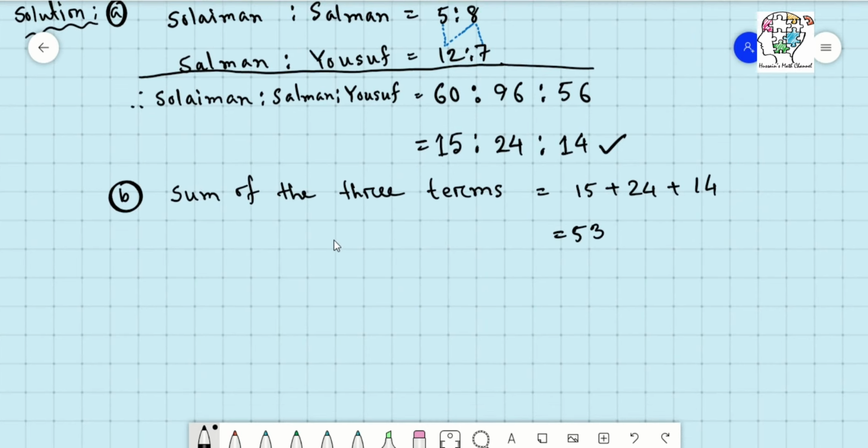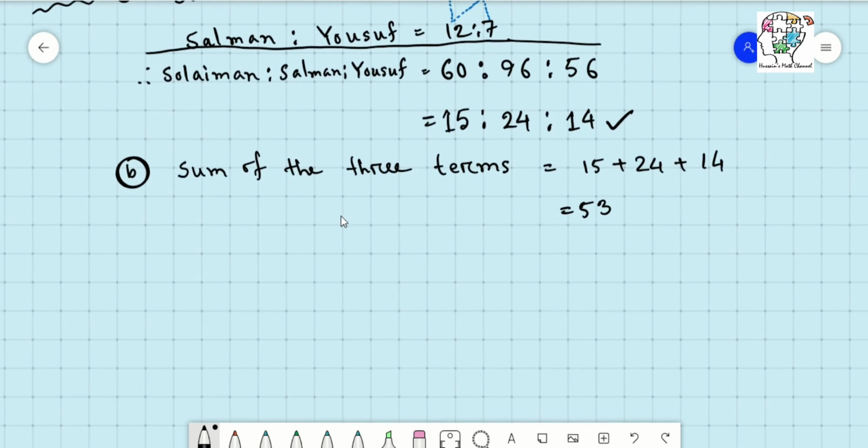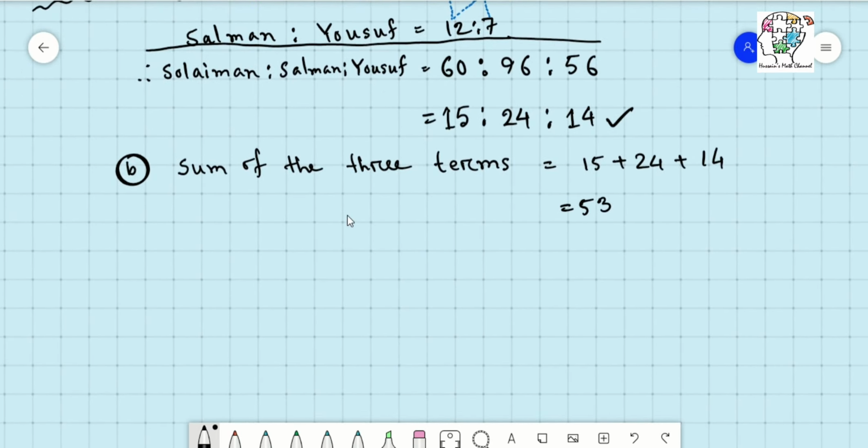We all know that if we want to find the amount of individuals, we can write Suleiman's amount. Therefore, Suleiman's amount will be 15, which is the first ratio of Suleiman.